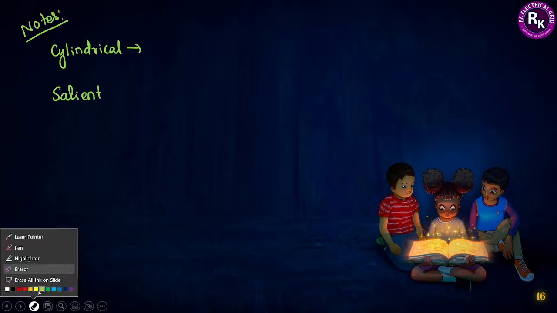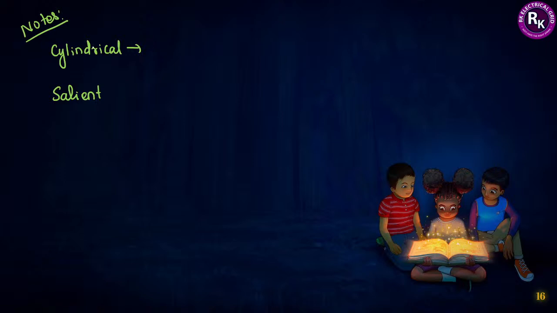Yes, if you are designing the rotor by using cylindrical structure, then that alternator can be operated at a very high speed. That's why we are calling it as turbo alternator. Similarly, if I am talking about salient pole machine, we are calling it as hydro alternator.